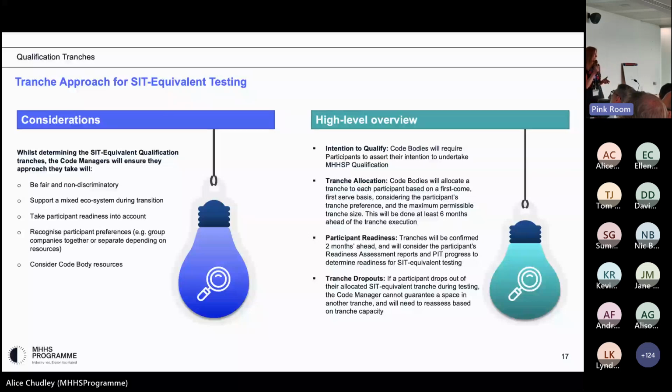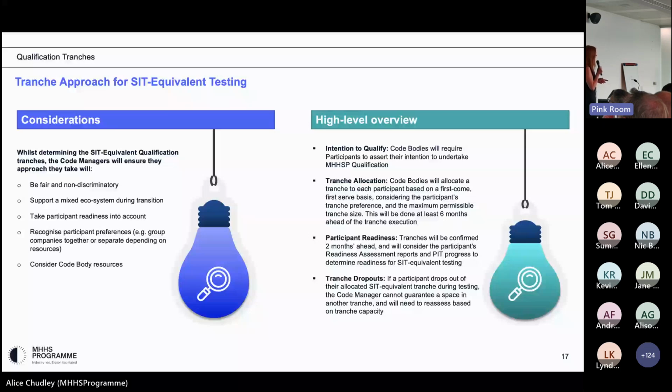We obviously wanted to make sure that people are ready. There's no point us allocating tranches and then nobody's ready to undertake the qualification testing when we get to the other end. And we also wanted to make sure that we could recognise wherever we possibly could the preferences of participants themselves, so that we're not trying to shoehorn you into something that isn't appropriate for you if we can avoid it.